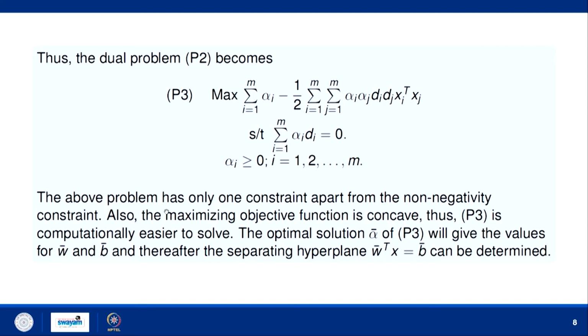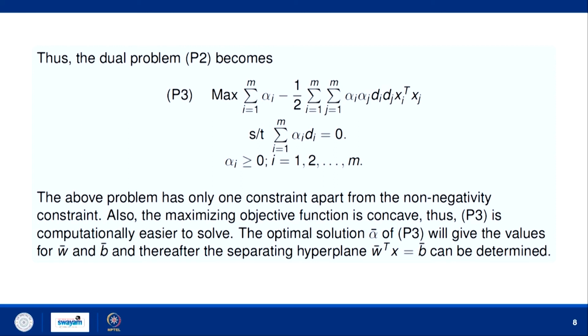The above problem has only one constraint apart from the non-negativity constraint. Also, here we are maximizing a concave function, and thus P3 is computationally easier to solve. The optimal solution alpha bar of P3 will give the values of W bar and B bar, and thereafter the separating hyperplane W transpose x equal to B bar can be determined.